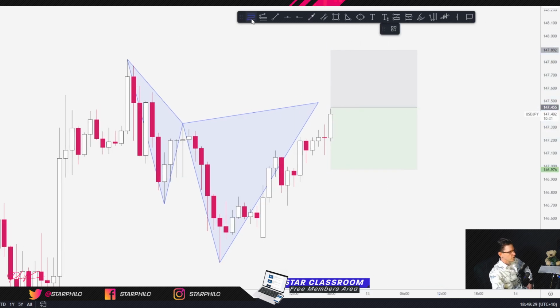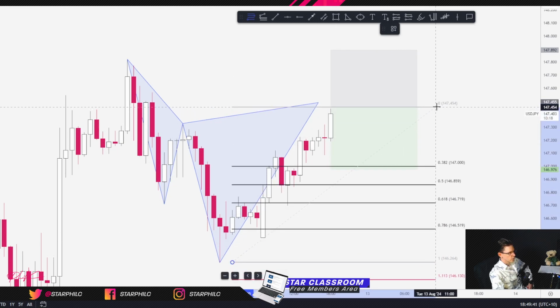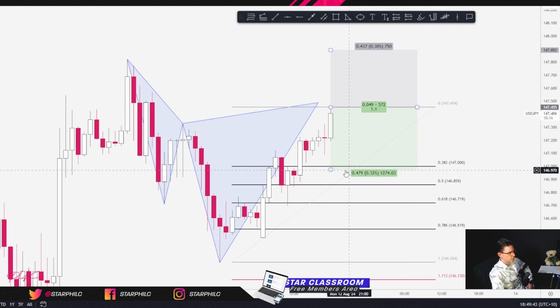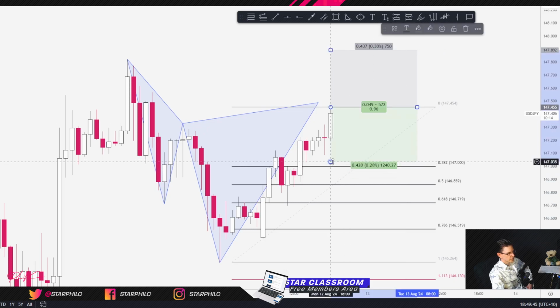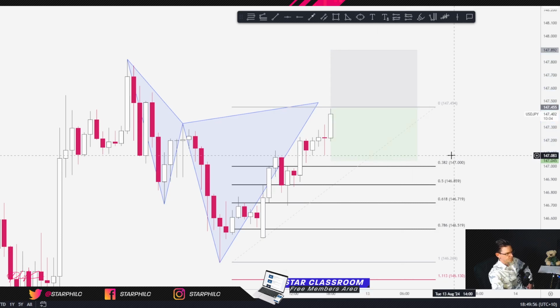Now, where are our targets going to be? We will take a Fibonacci retracement and we'll take it from this low up to our entries right here. So we take it from swing low all the way up into swing highs right there. And our target is going to be at a 382. So we're just going to get that above the 382 right there because we want to front run our orders, right?